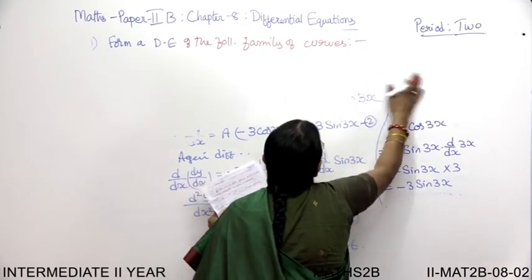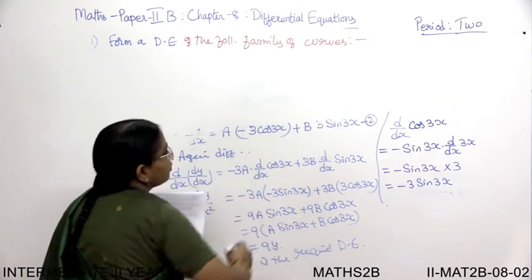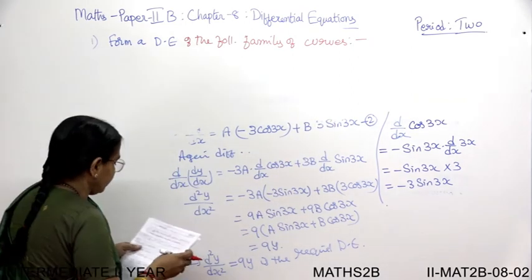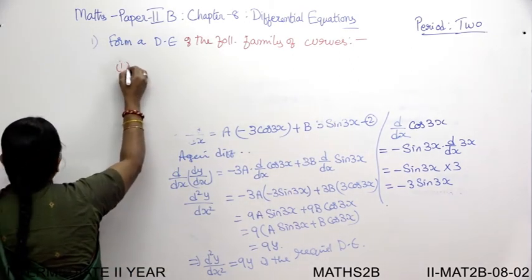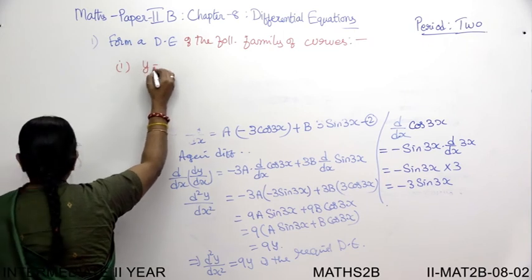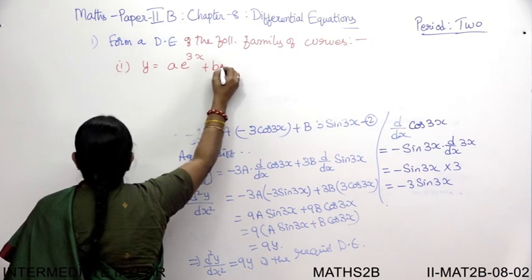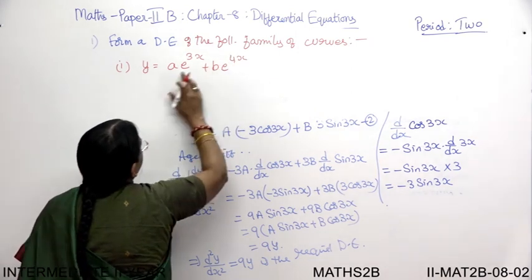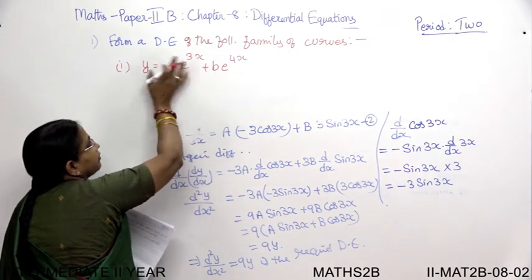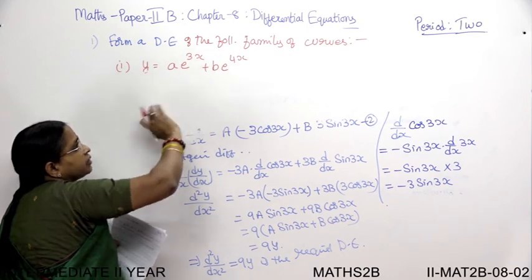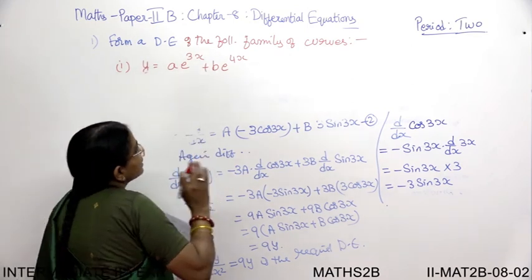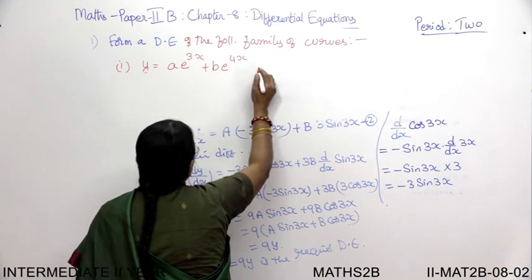Family of curves means parameters. For different values of parameters, you'll get different equations. So that becomes a family. So y is equal to a e to the power 3x plus b e to the power 4x. For different values of a and b, you will get different equations. All those equations, curves becomes one set of curves or family of curves.